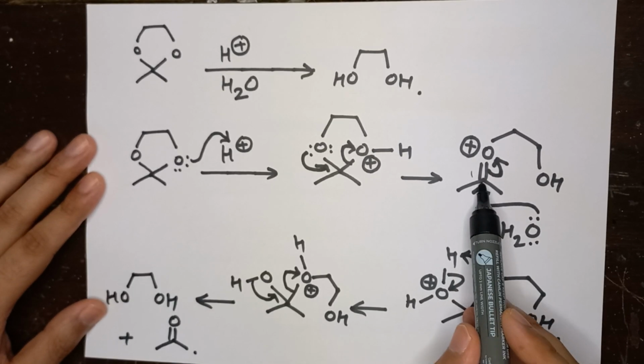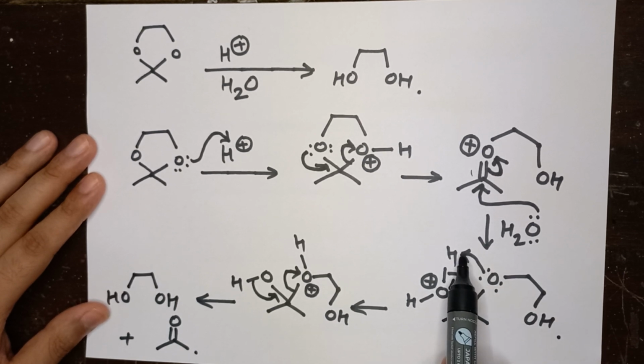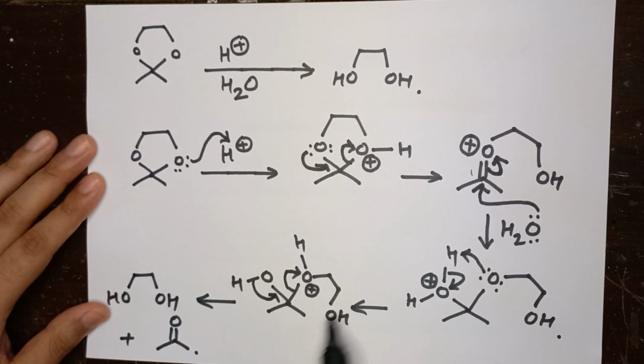So water will come, will attack here, neutralizing oxygen. Once again, intramolecular hydrogen transfer. And you have this. And this step is very important. So this single bond will break, will form a double bond here, and this whole group is going to leave as a diol. And this is my acetone.